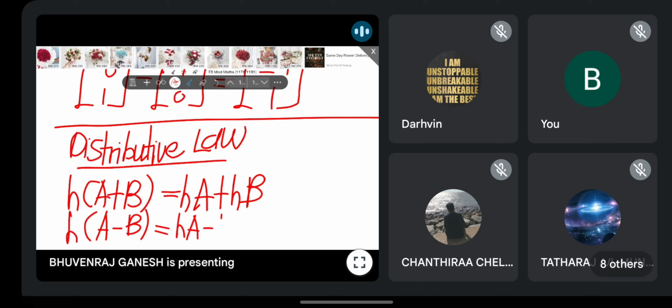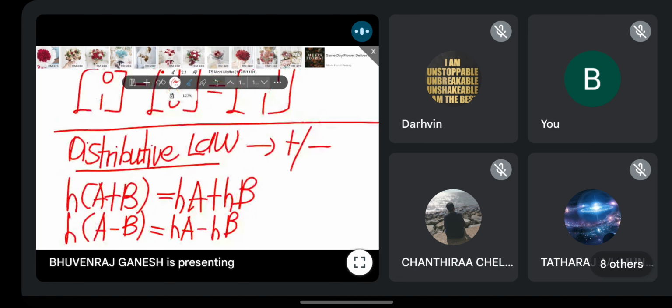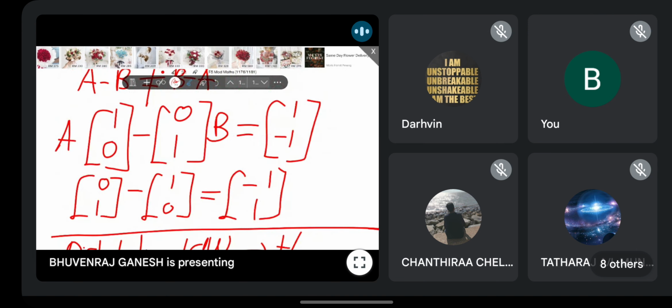HA minus HB. Nothing new. It's exactly the same like algebra. You can change it with a matrix example, then you understand why it is the answer. You will get the same answer. So this is what we call distributive law. It applies for both addition and subtraction. Commutative also, addition and subtraction.